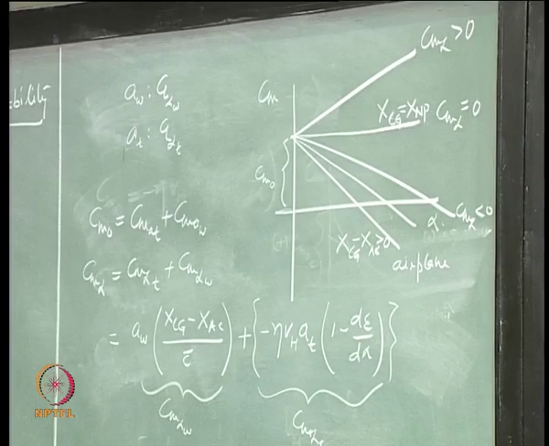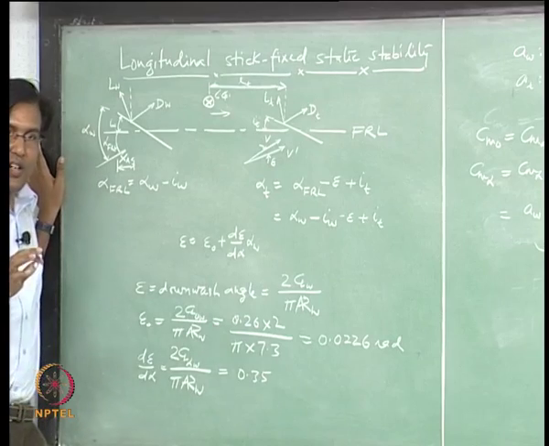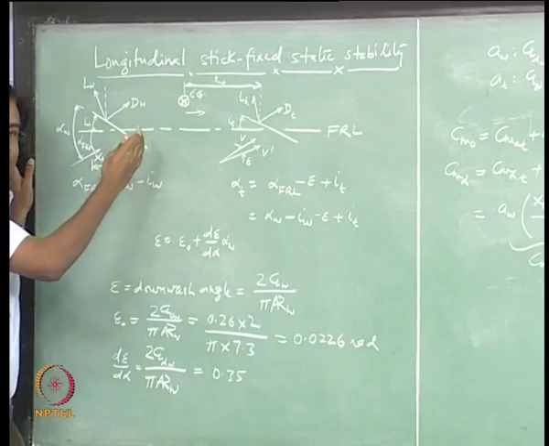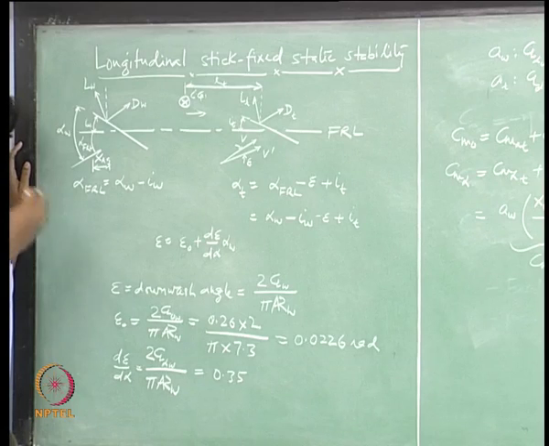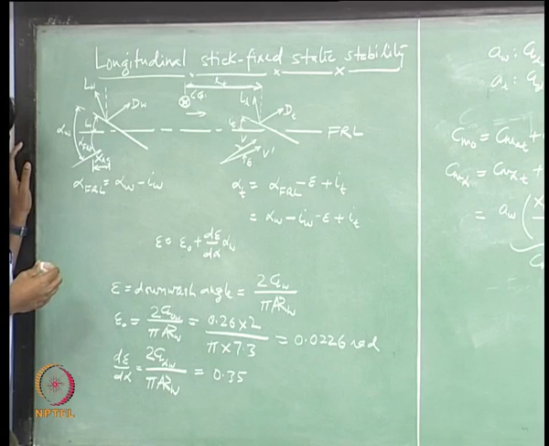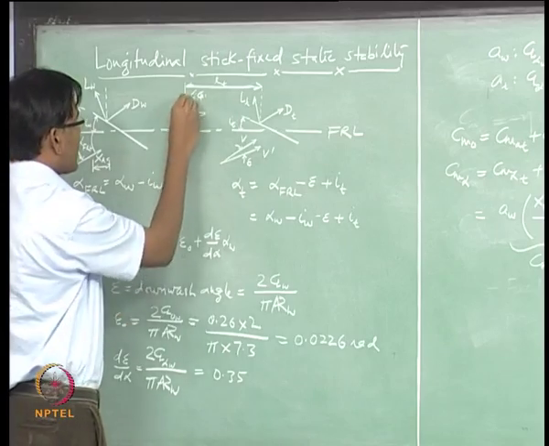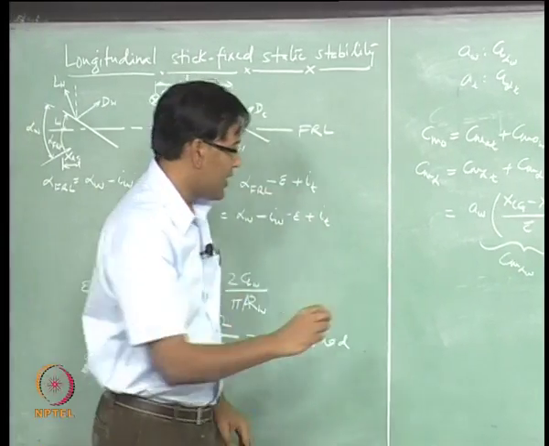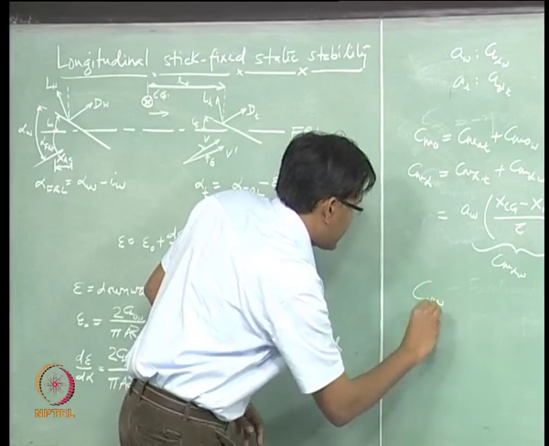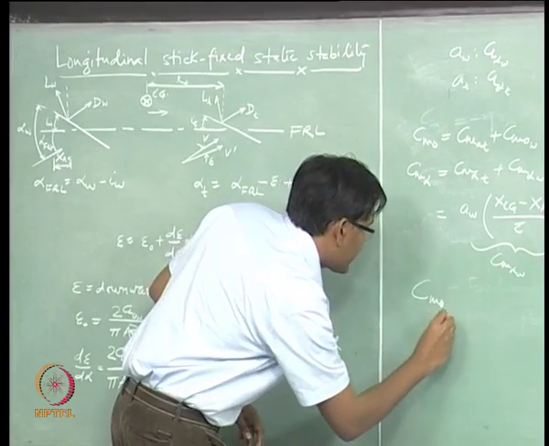So, clearly we have to also ensure that this CG is lying ahead of the neutral point, right. So, that will be another criterion. Okay. So, we already have two conditions that have to be met.